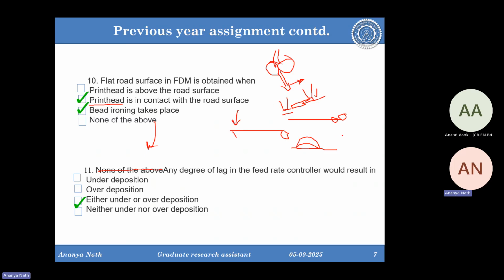Because there is a lag in feeding, the wire has come, now in between there is a lag and the wire is not coming. So your bead will look like this. Sometimes it's over deposition, sometimes under. Peaks and valleys will be there, isn't it? Yeah. It's not peaks and valleys, we call it waviness. As you know, the deposition rate in wire additive manufacturing is very high.